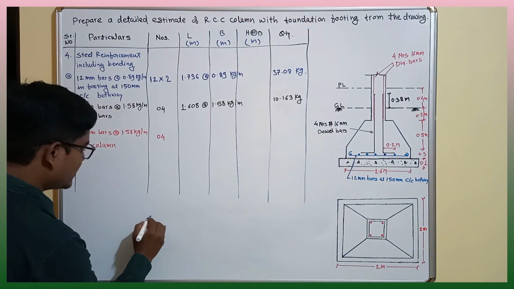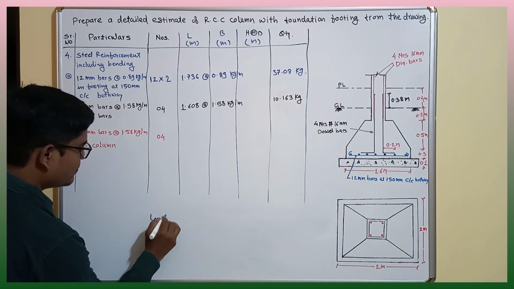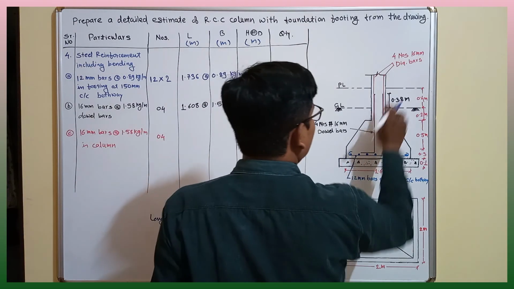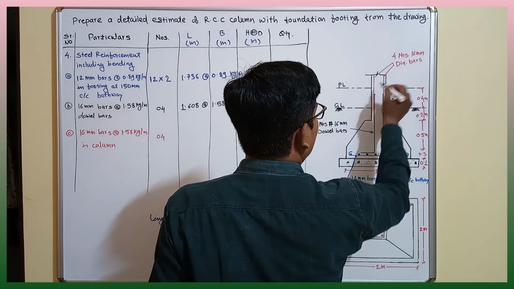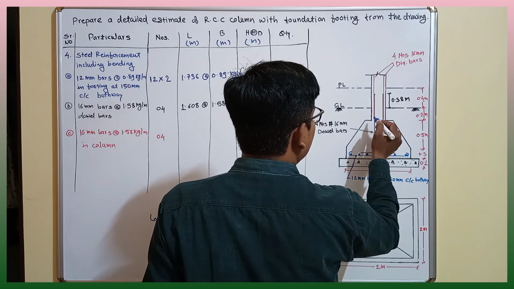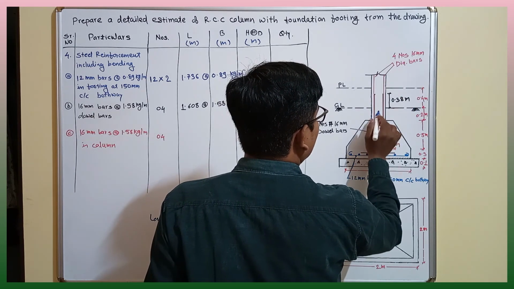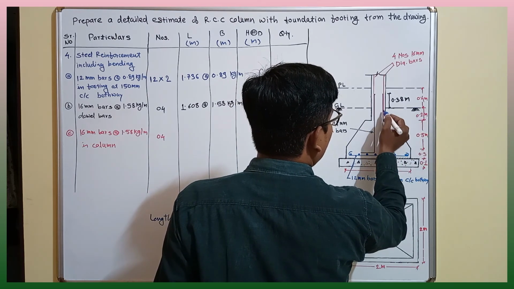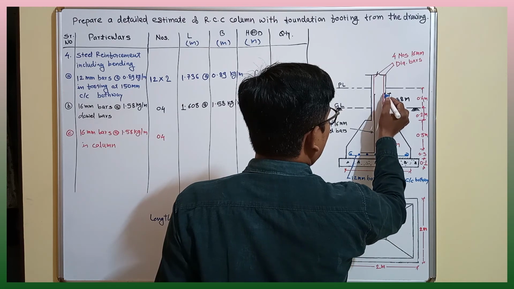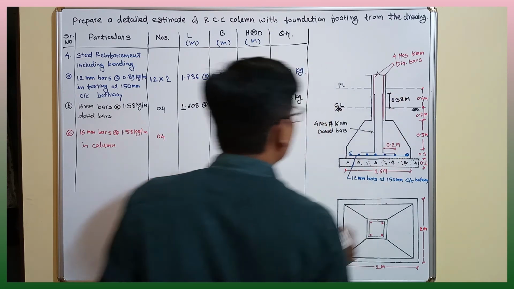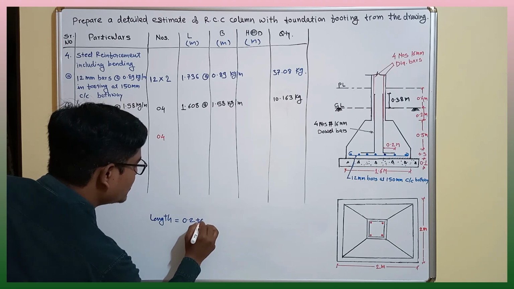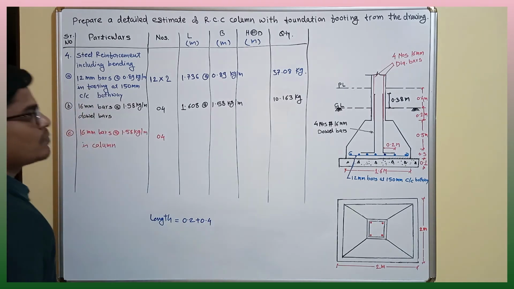So I will write here length is equal to, so see, this is the vertical bars which is provided in the column. So I will take this 0.2 and 0.4 up to plinth level. 0.2 plus 0.4.